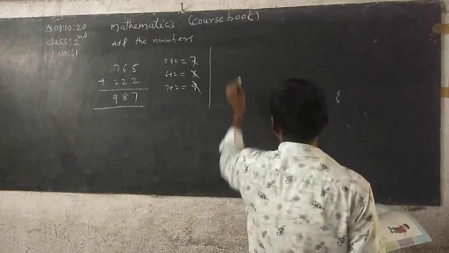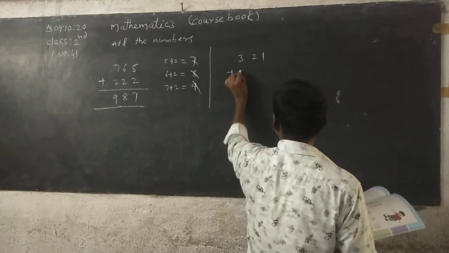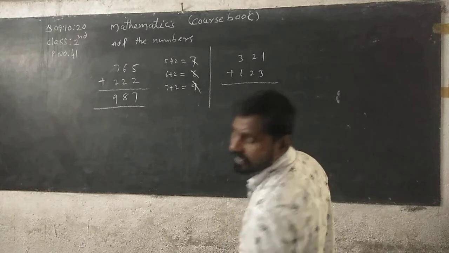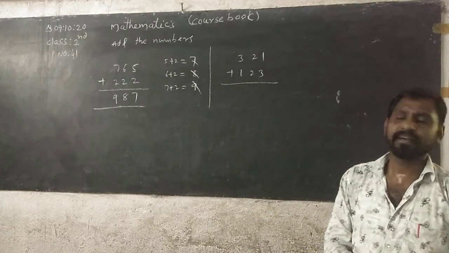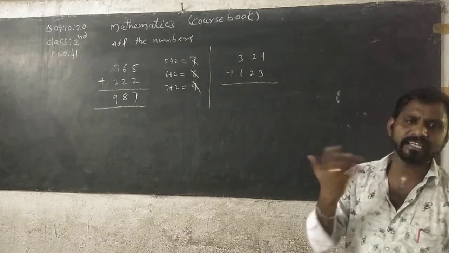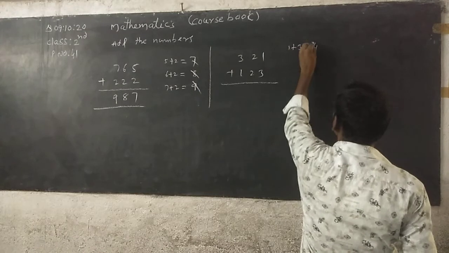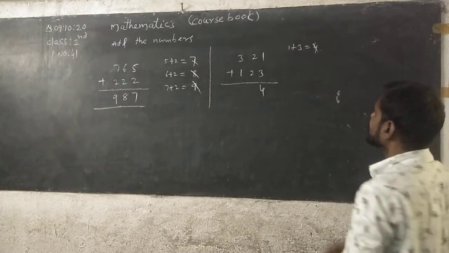Next, 321 plus 123. This is very easy, beta. 1 plus 3. When 1 is added to any number, you get the next number. So 1 plus 3 is equal to 4. Write it under ones column. Next, 2 plus 2.